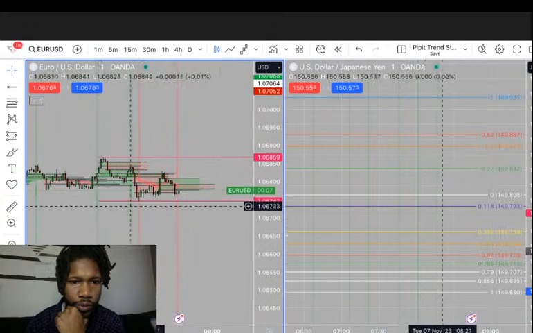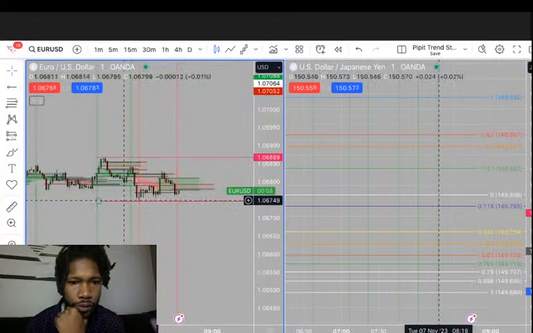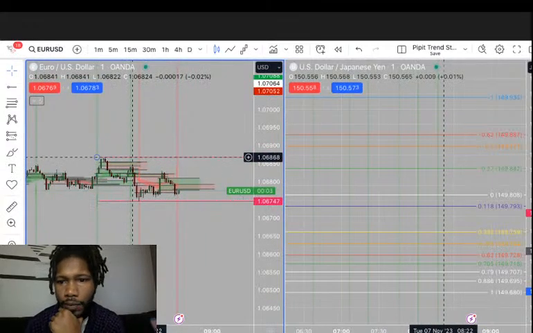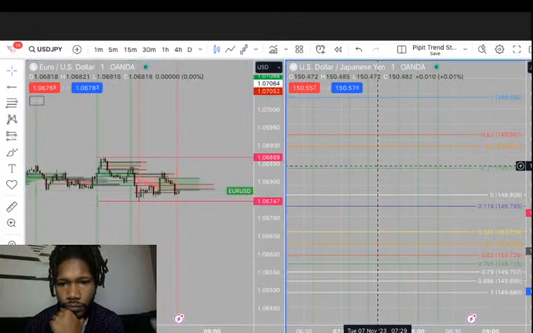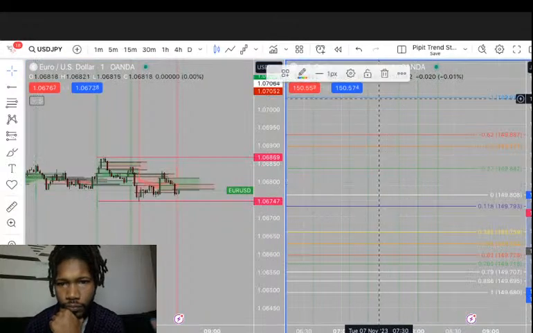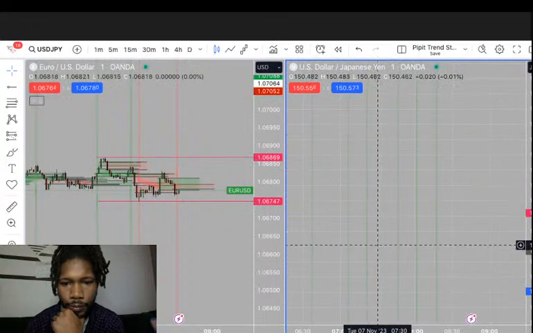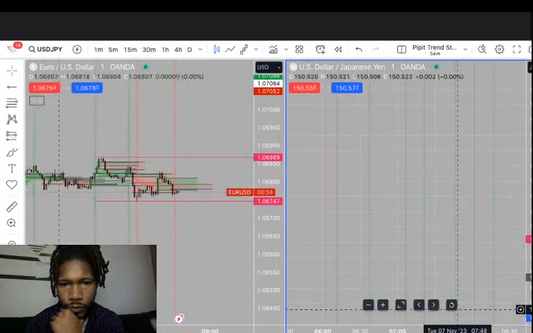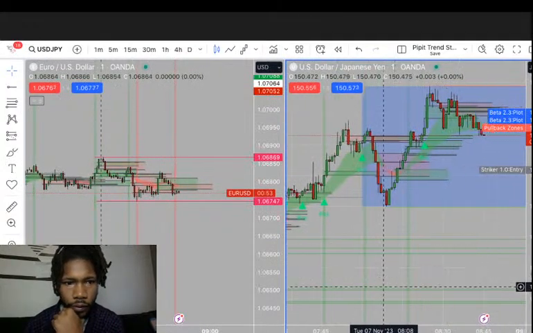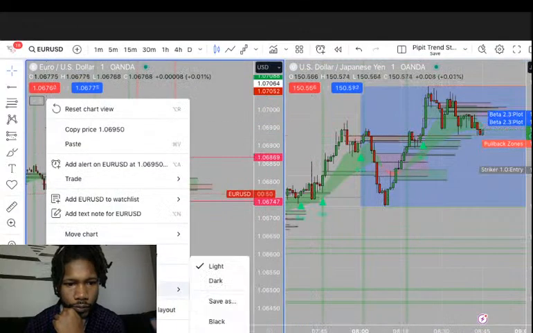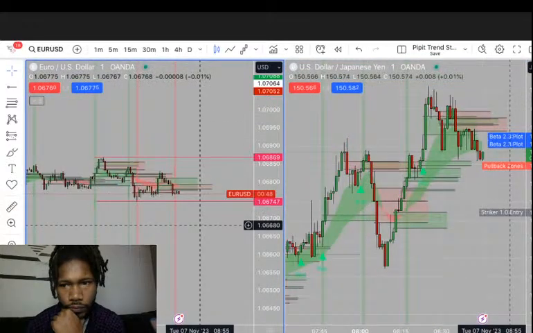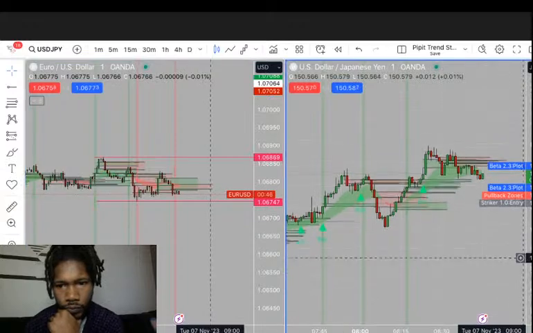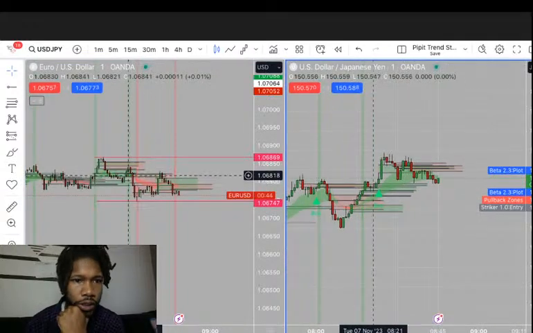We need price to break below or above this high. So that's EU.